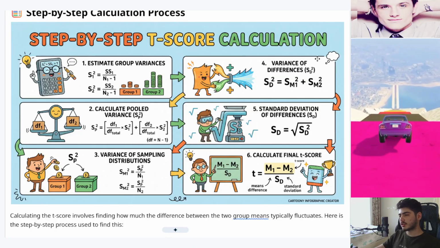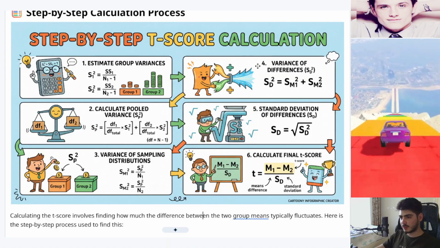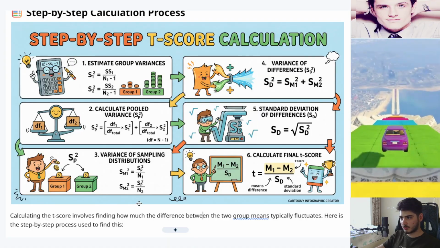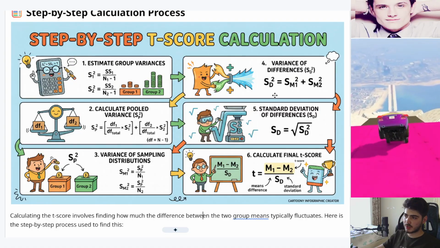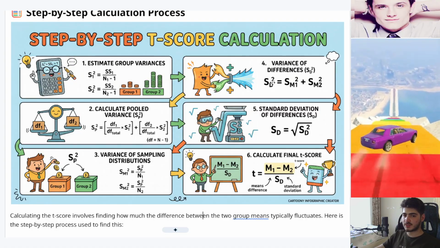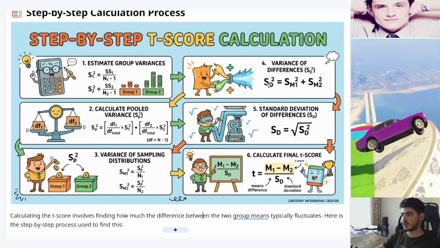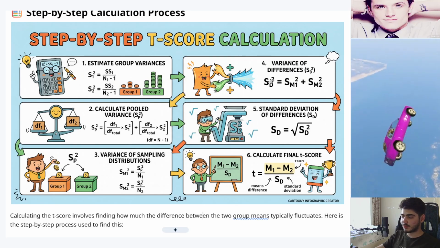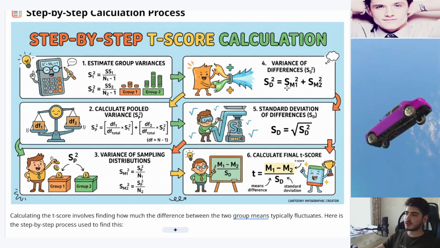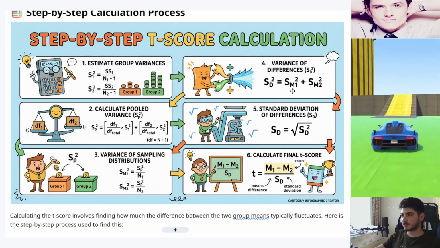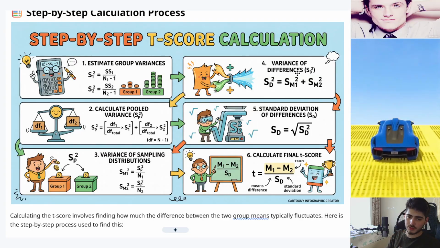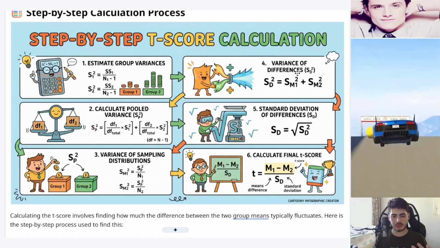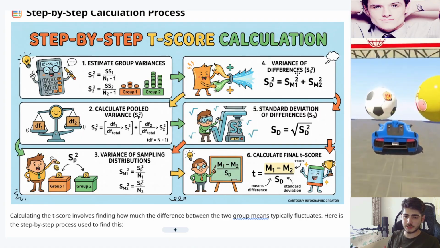So we're getting the variances from both of these distributions and then adding them up together into SD2, which is the variance of differences. Now, when you see difference, you automatically think it must be a subtraction.